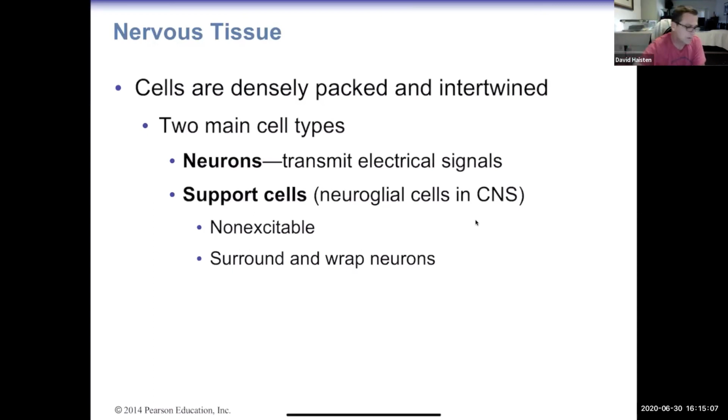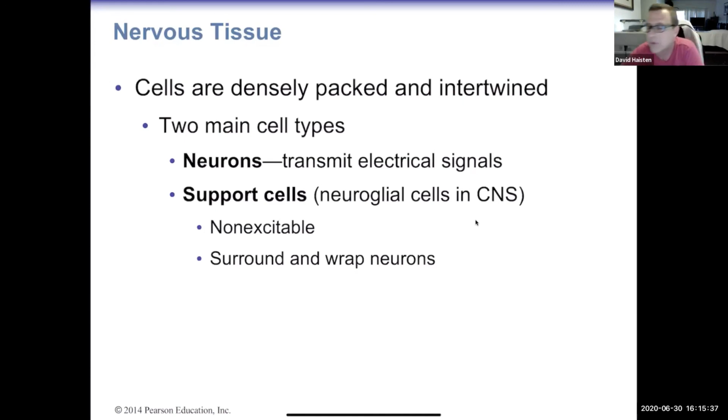Okay, so we have 2 main cell types in nervous tissue. Neurons, which are the actual cells that conduct a signal, a nerve impulse, an action potential. So the actual neurons themselves, and then what are called neuroglia. Neuroglial cells literally means neuro, nerve, and glia, glue, nerve glue. Support cells.